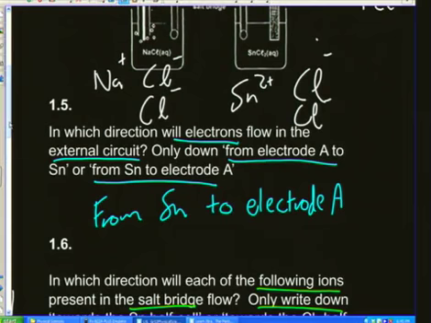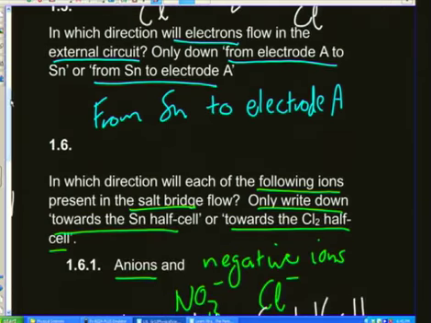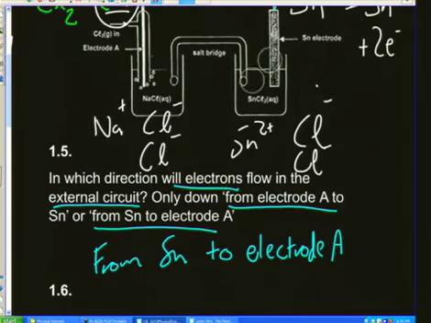Well, I can use the tin. What's happening to the tin? I'm making more tin ions, but tin is big and heavy. I'm making tin ions and I'm making extra of these, but they're big and heavy. There are smaller ions that could possibly move across there.